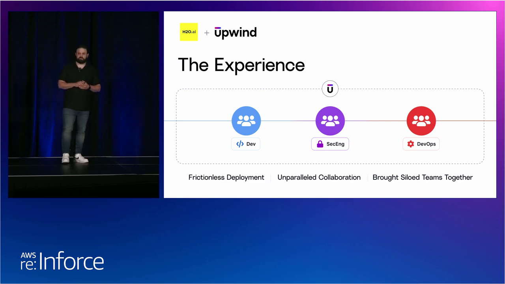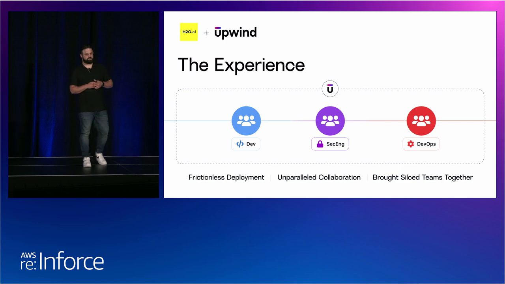With Upwind, because they really talk DevOps and their UI is more oriented to DevOps and is easier to understand, and everything is in context, I can have my team go into the platform, see the issues, and solve them right away.